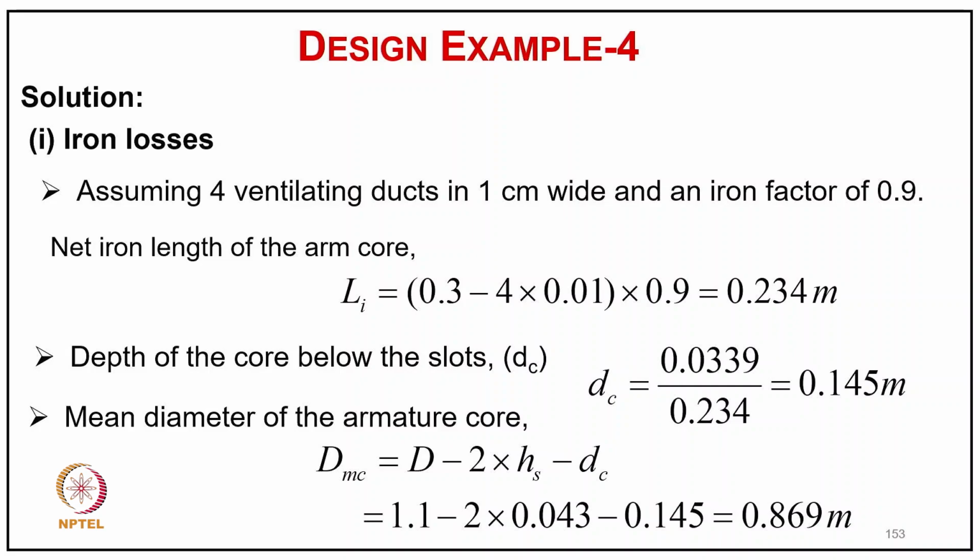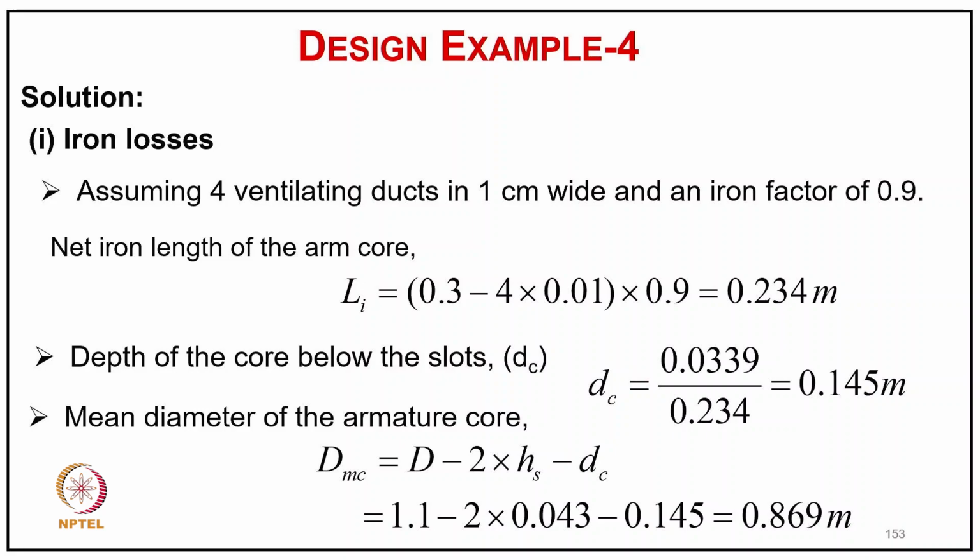Now, assuming 4 ventilating ducts each 1 centimeter wide and an iron factor of 0.9, the iron length of the armature core is Li equal to 0.3 minus 4 into 0.01, into 0.9, that is 0.234 meter. The depth of the core below the slot, DC, calculated from this comes to 0.145 meter.